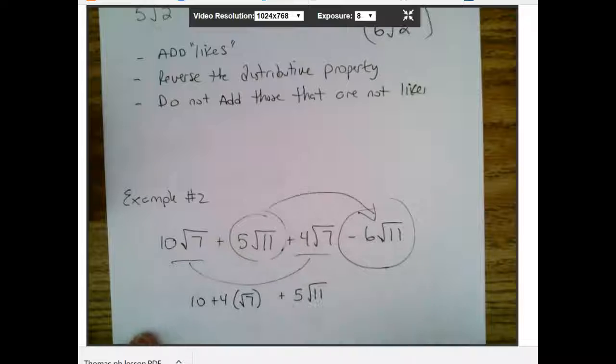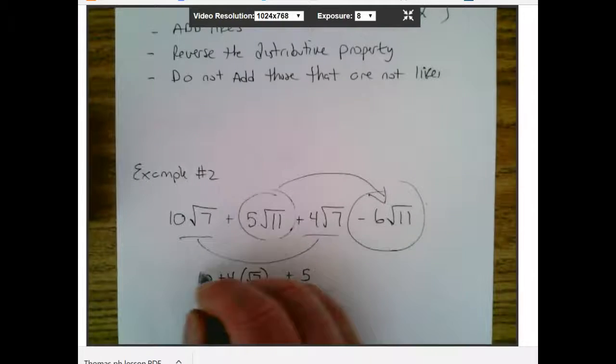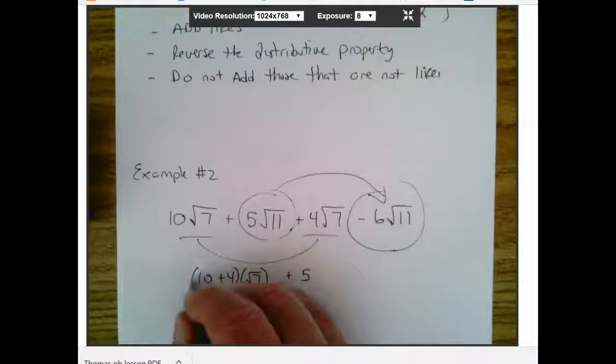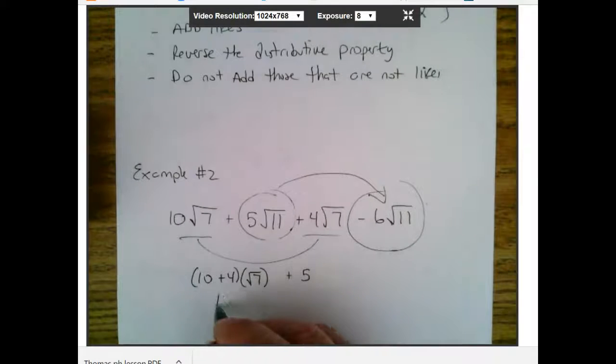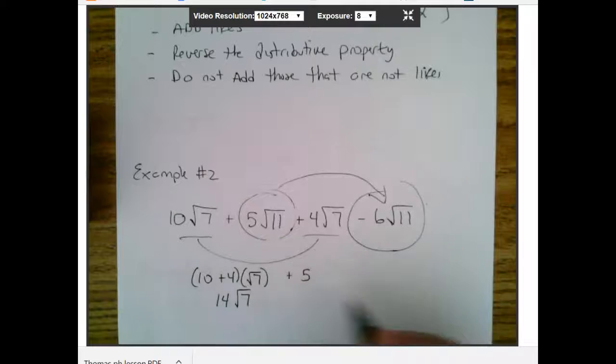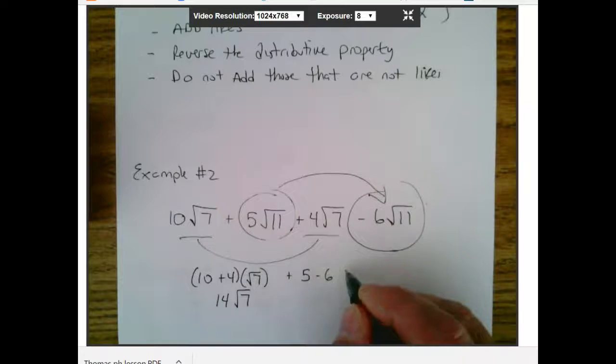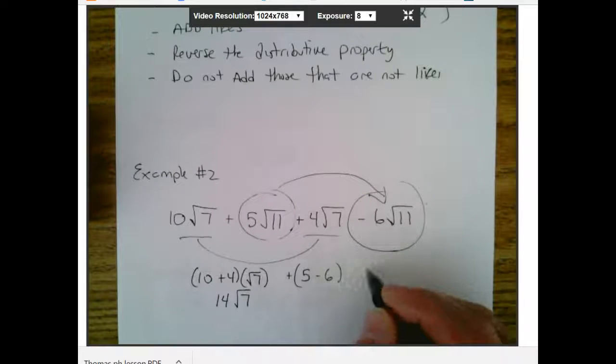I'm sorry, let me pause that for a minute. Reset. Okay, so we're going to do the addition here. 10 plus 4 is 14 square root of 7, and then we're going to add 5 to 5 minus 6, and then we're going to have that square root of 11.